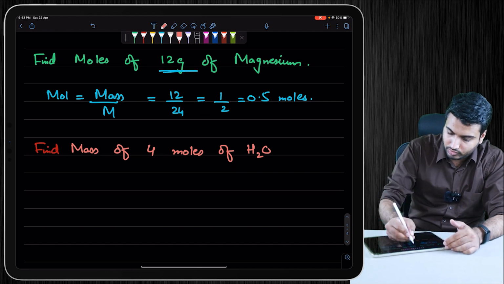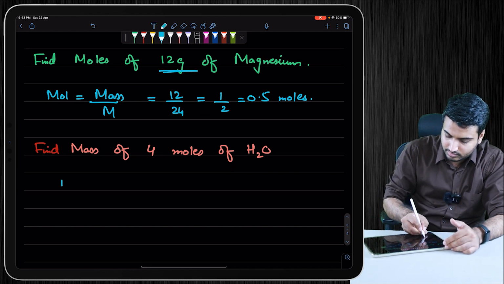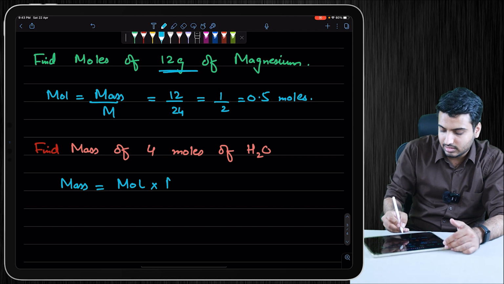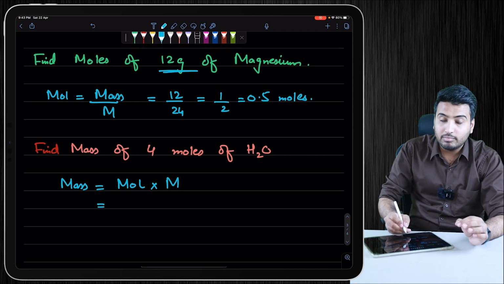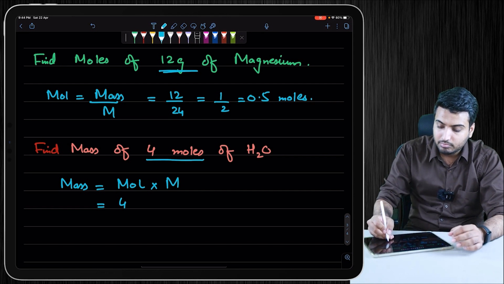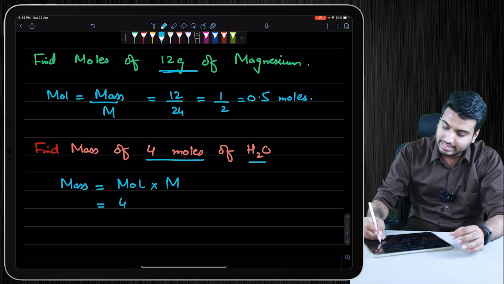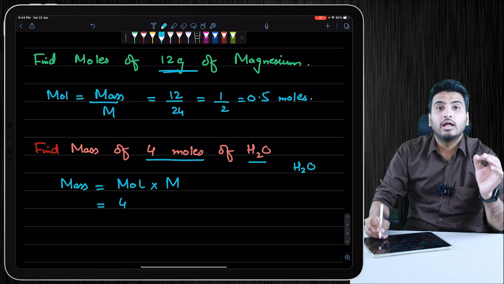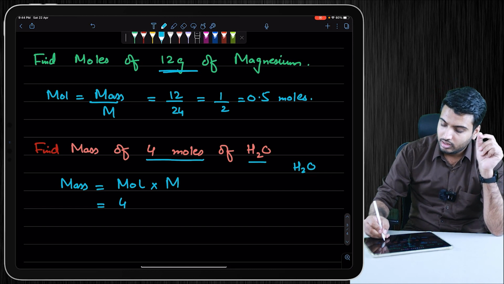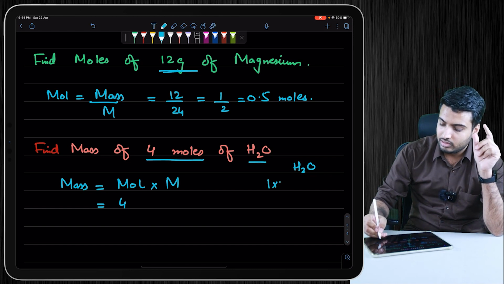First of all we write the formula, then moles times molar mass. Given moles are 4, and the molar mass of water: the atomic mass of hydrogen is 1, which you can check from the periodic table.